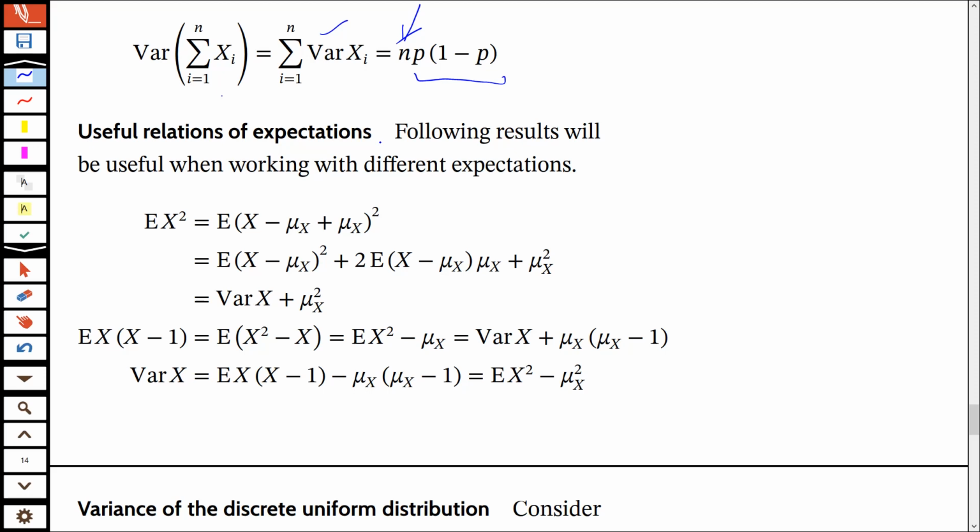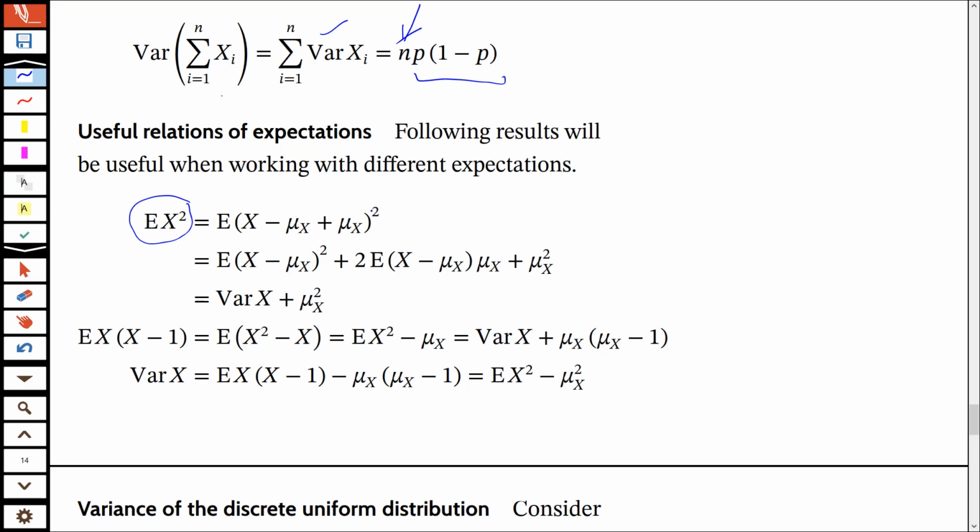Sometimes we need relationships between the variance and some useful expectations. So here we have the expectation of X squared. I just take the square of X and I want to find the expectation of that. How can I connect this to variance?